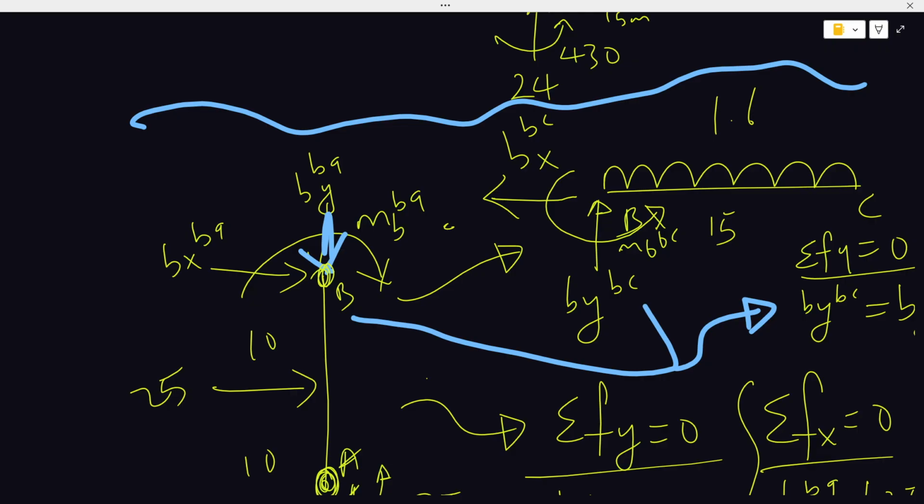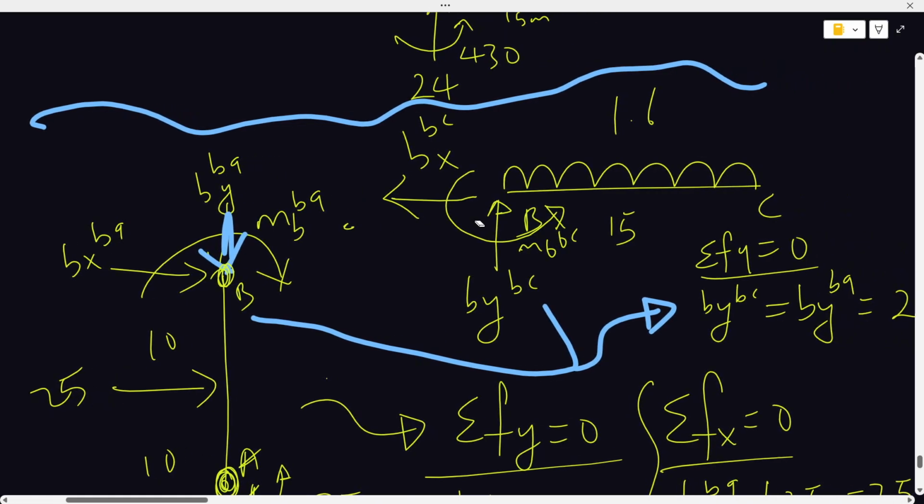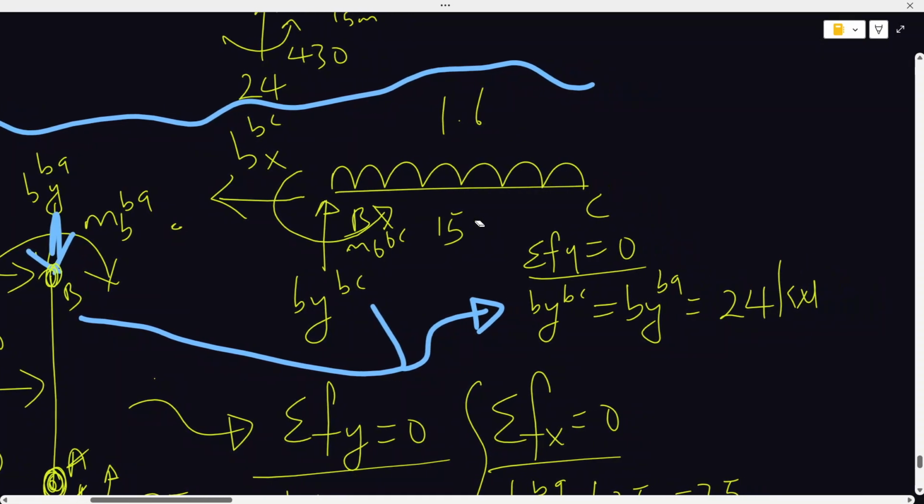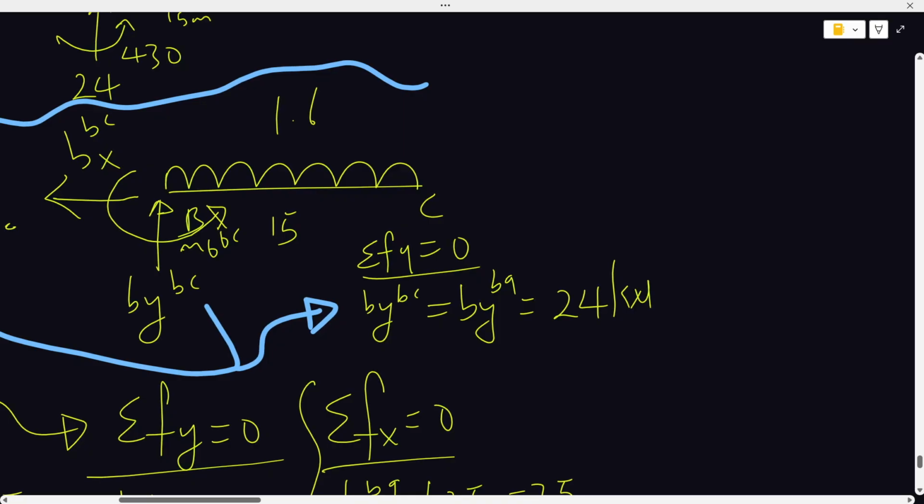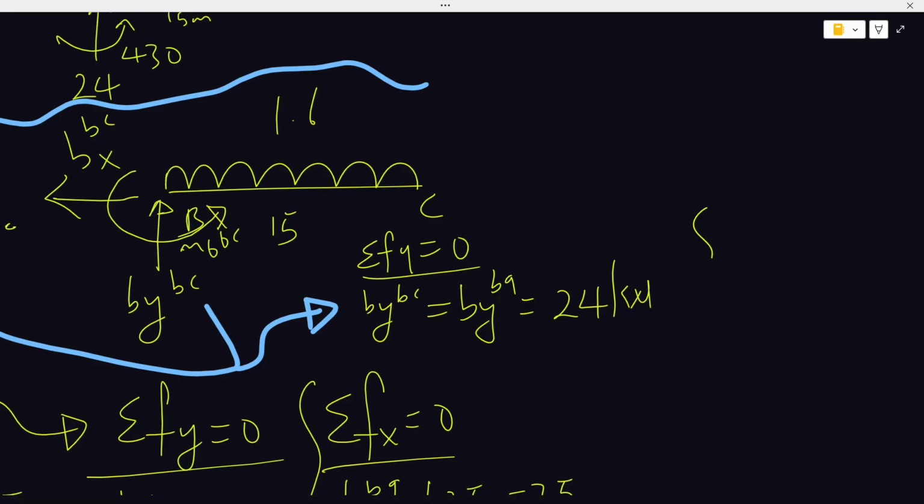So since there's nothing in BXBA, there's no point of applying equilibrium equations for that transfer. So now we move to the summation of moments.